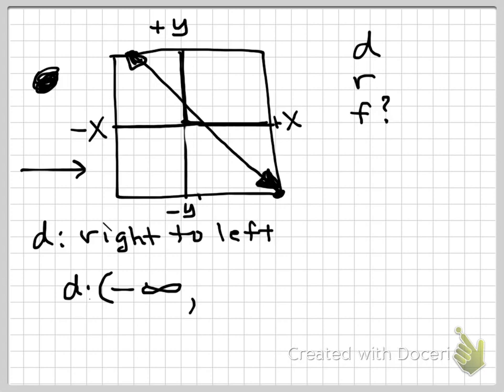This arrow means that it also goes forever to the right. So the domain is from negative infinity to positive infinity. That's really common. You're going to see that a lot. Now for the range, okay, let's do the range on this side so I can keep it a little more organized.